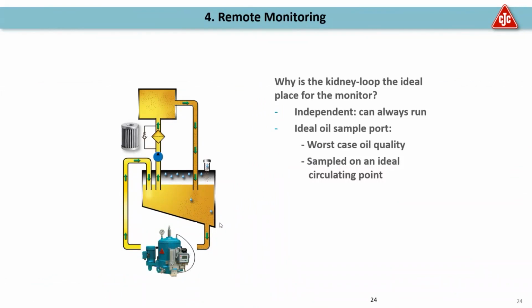That is because you have already established a circulation, so you are always getting a representative sample. It draws from the bottom again, the worst case oil sample, but analyzing it in an ideal circulating way here.